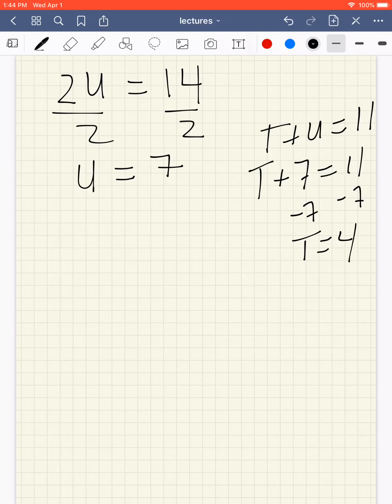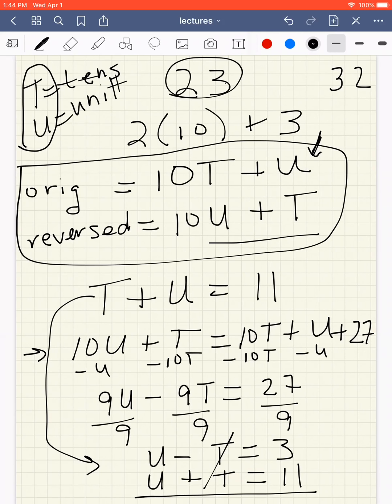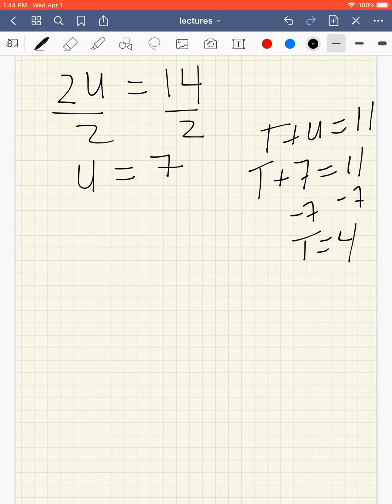Well, that's nice. But now you have to read the problem and see what it's asking for. It says, what was the original number? Okay, go back and look. The original number is 10 times t plus u. Okay, so 10 times t would be 40 plus 7, so the original number was 47.